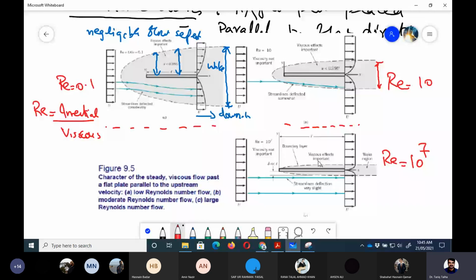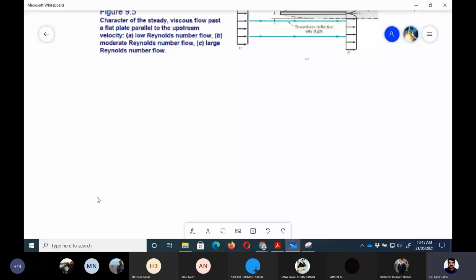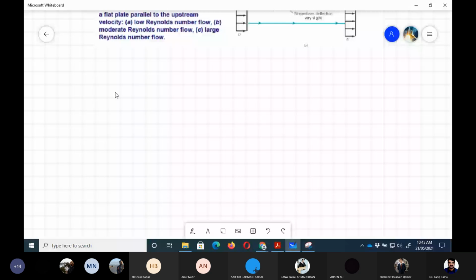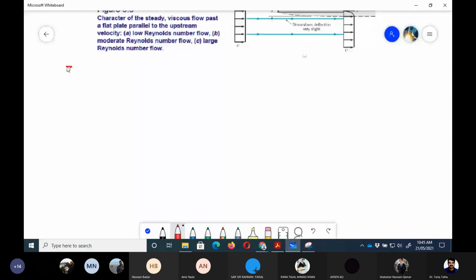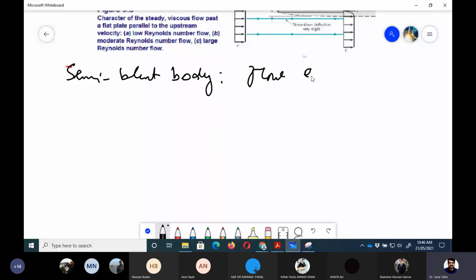Now, this was the case when we talked about flow over a streamlined body. Now we are going to talk about flow over a semi-blunt body, which is something like flow over a sphere or cylinder.